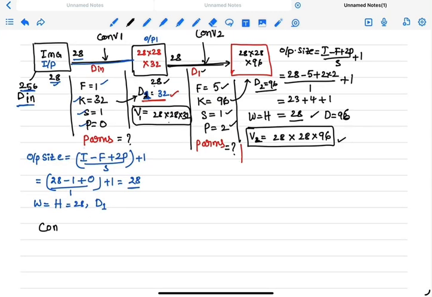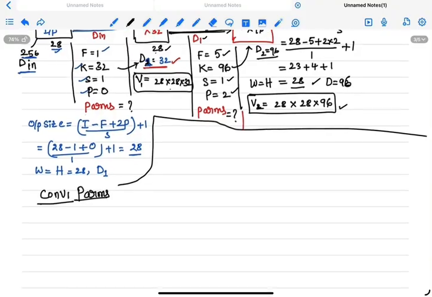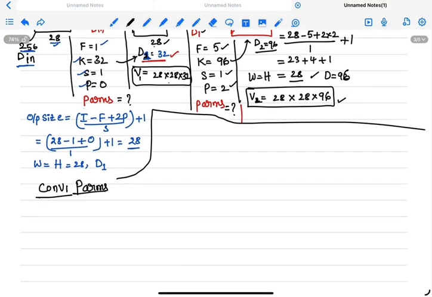Convolution layer 1: first we find weights per filter.